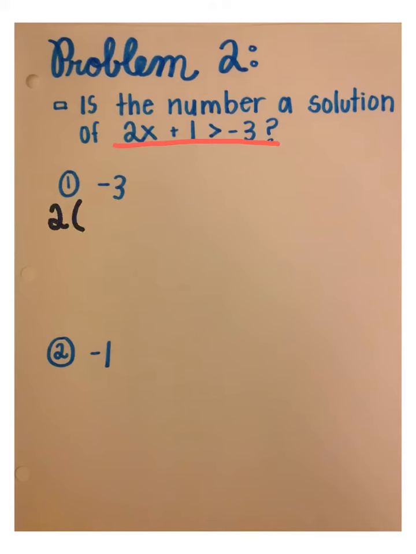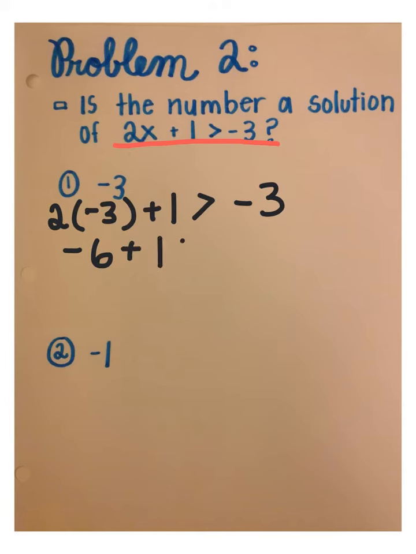So 2 multiplied by -3 plus 1 is greater than -3. What we want to do is see with this -3 plugged into x if this inequality is true. So 2 times -3 will give us -6 plus 1 is greater than -3. Well, -6 plus 1 will leave us with -5 greater than -3.